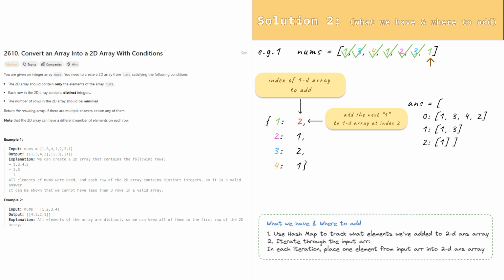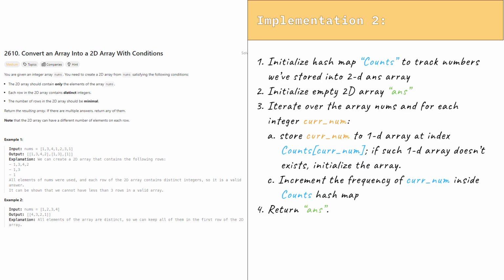And since we don't have an array at index 2 yet, we will initialize the array and add our 1 into it. Finally, after we finish the iteration through our input nums array, we have allocated all the elements inside our input array into our answer 2D array, so that now we can return our answer array as the answer. Now it's time to format our logic into actual implementation steps.